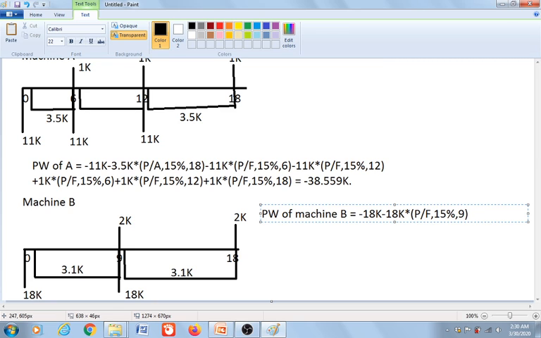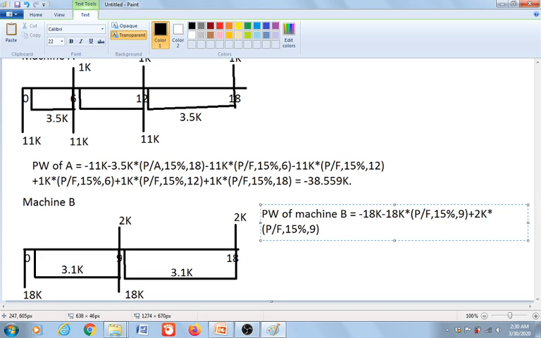And then plus 2k, the salvage value of the first machine, times P over F, 15%, 9.